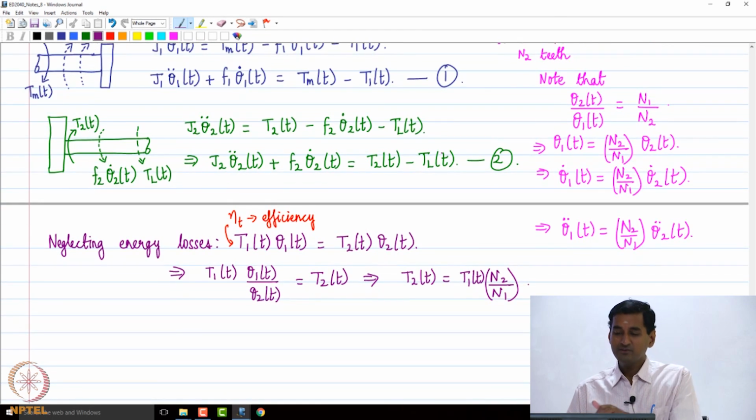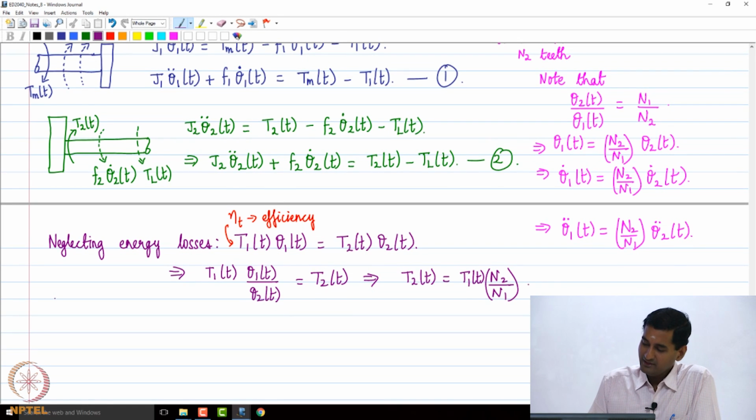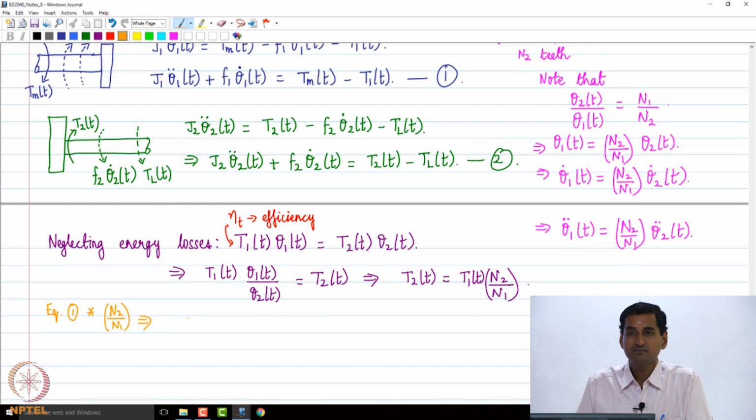Now let us go back to equation number 1, and let us take equation number 1 and multiply both sides by N2 by N1. I can do that. So then what will I get?